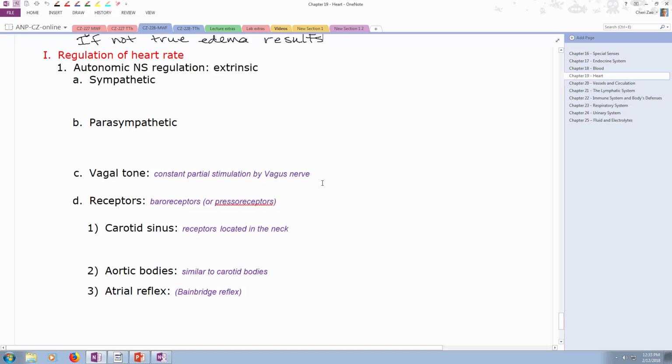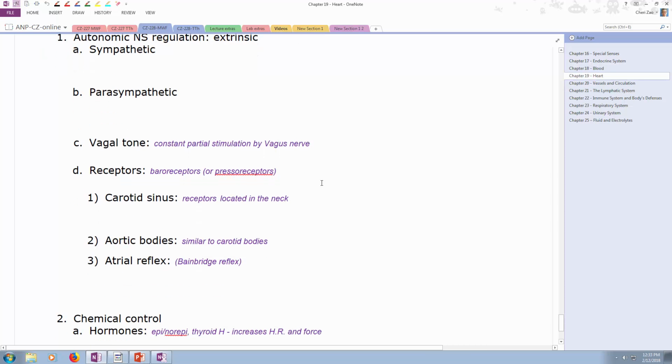The medulla, the hypothalamus is a big player in actually controlling other regulatory centers in the brain. The sympathetic nervous system, the neurotransmitter is norepinephrine. That's released at the SA node. Epinephrine can do the same thing.